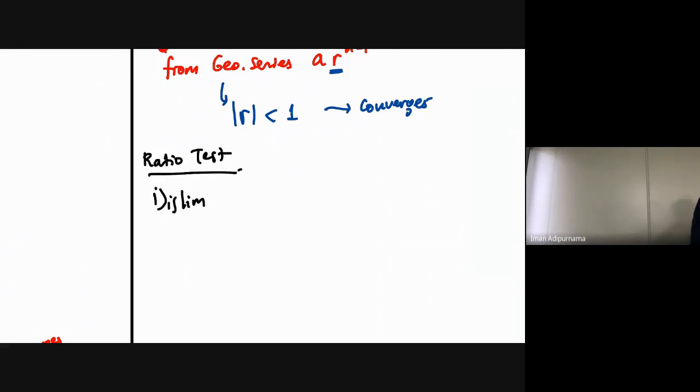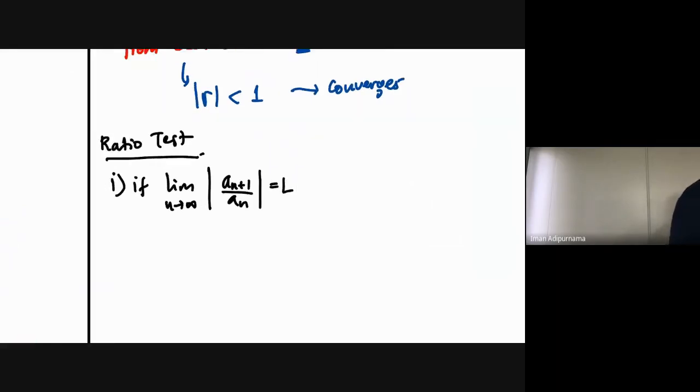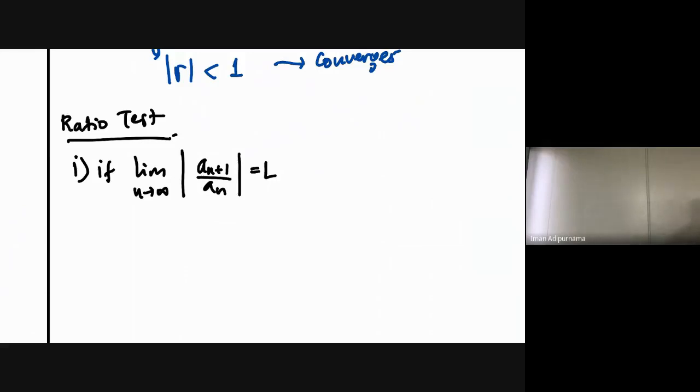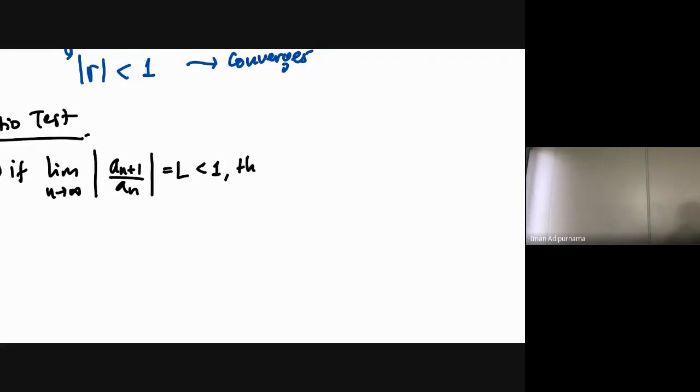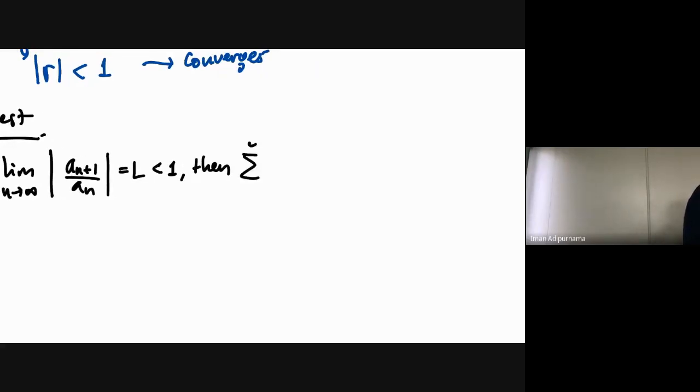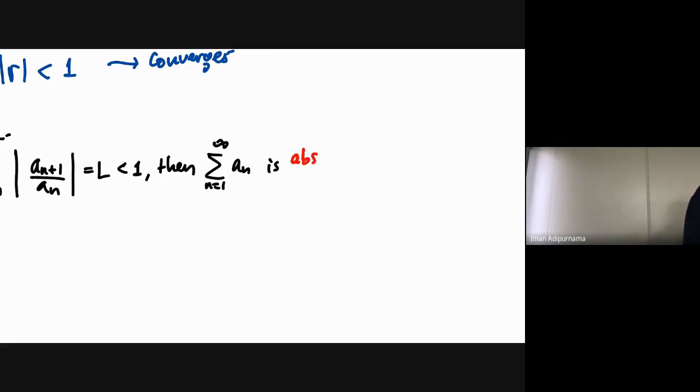If the limit of the ratio is equal to some value, and if the value is less than 1, then the series of an is absolutely convergent.